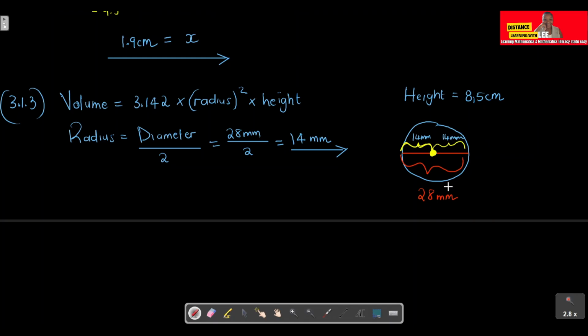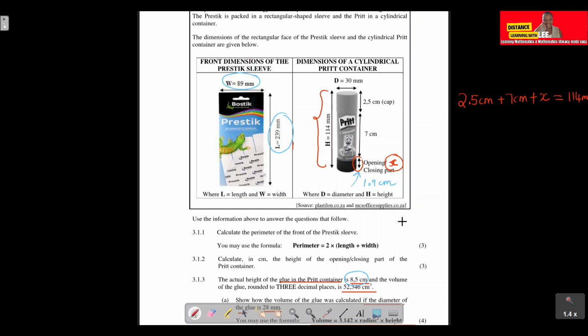We've calculated the radius. Now what do we notice? For us to substitute everything into our formula, the radius needs to be in centimeters. Why does it need to be in centimeters?